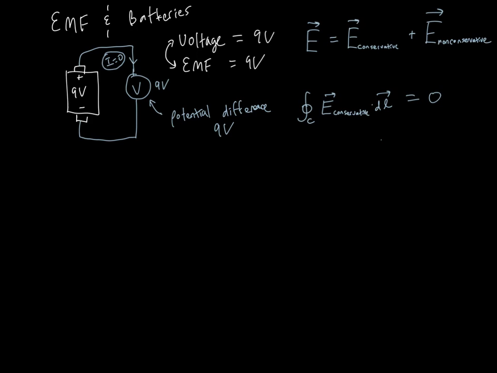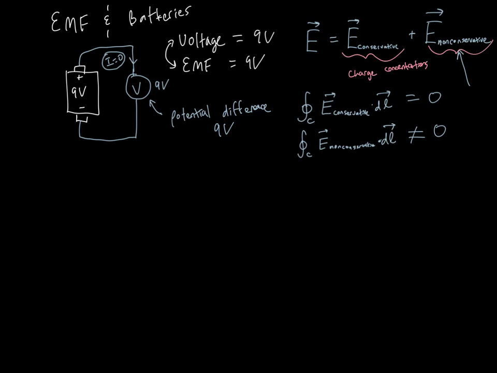A non-conservative field does not have this property. So if we took a closed line integral around path C of a non-conservative field, in general, this is not equal to 0. Conservative fields are produced by charge concentrations. Non-conservative fields are, I don't want to say the word produced.